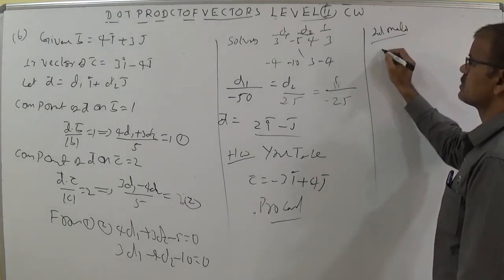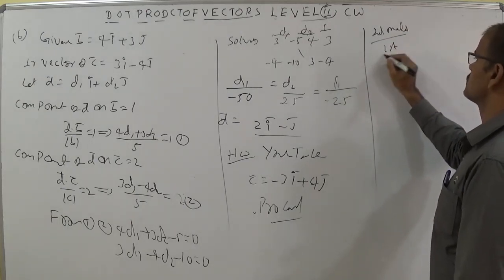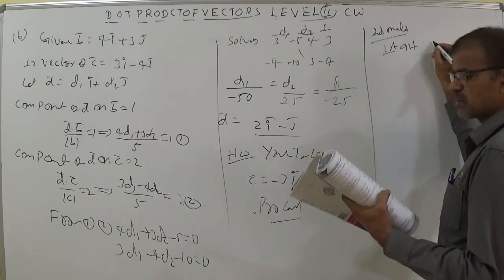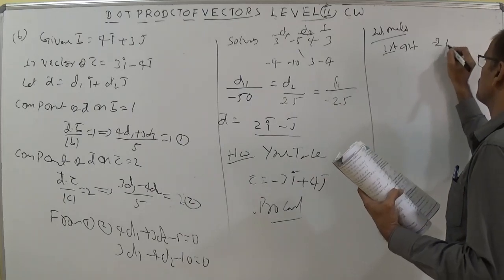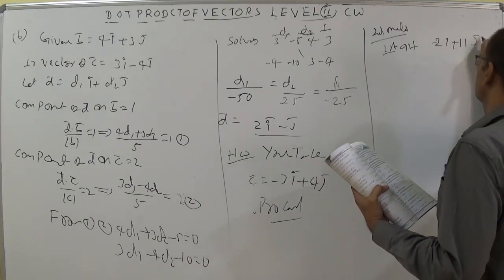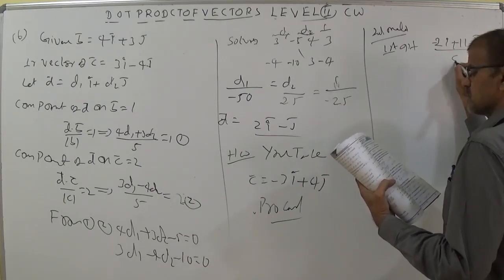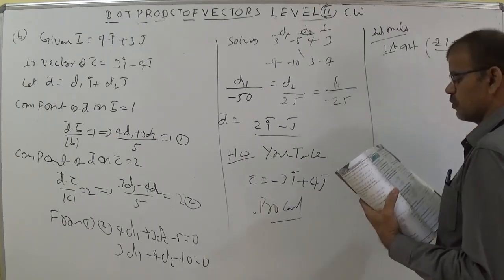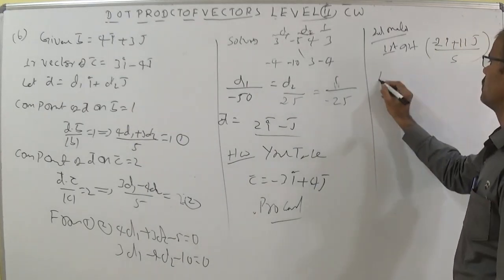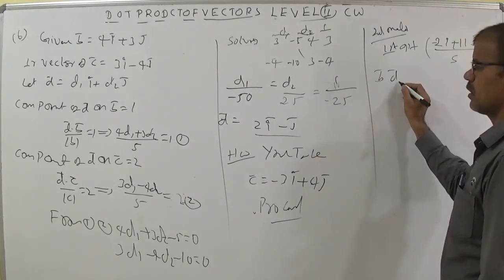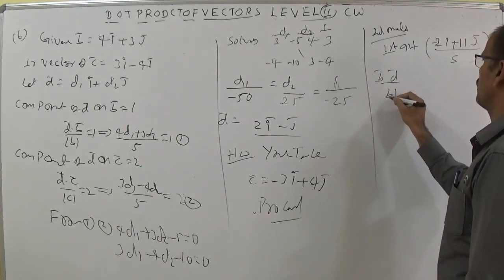Second method, first option is there. What is the first option he has given? He has given the first option as minus 2i plus 11j, minus 2i plus 11j by 5. If you multiply the component, you may get b bar. Now I am verifying b bar dot d bar by mod b bar.